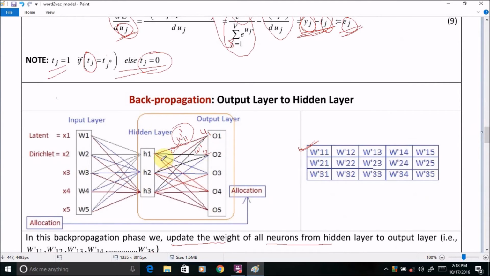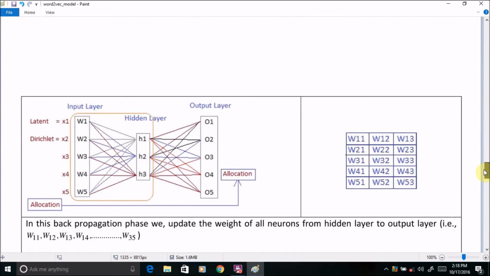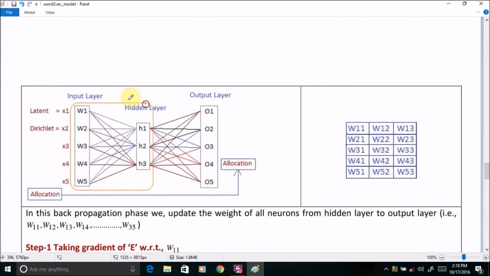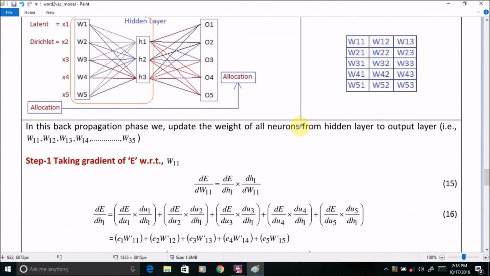Now the next phase of the backpropagation will start, which will go from the hidden layer to the input layer. In this backpropagation phase, we will update the weights of all neurons from the input layer to the hidden layer, that is W11 and W12 and so on.